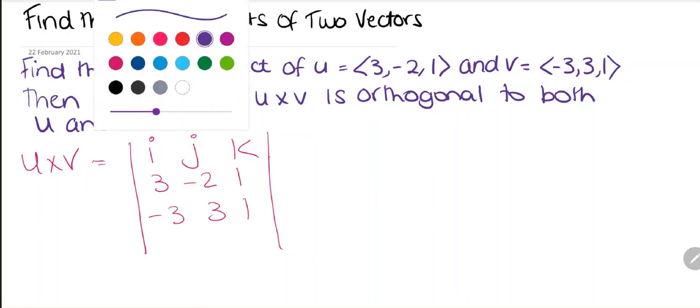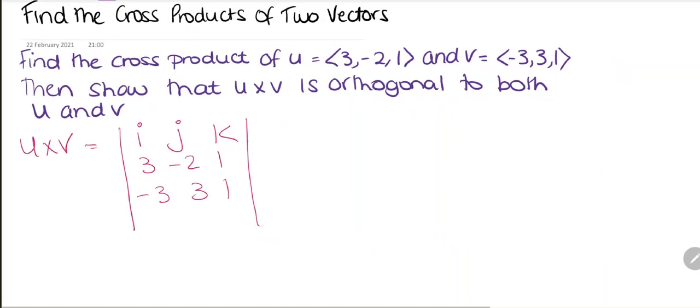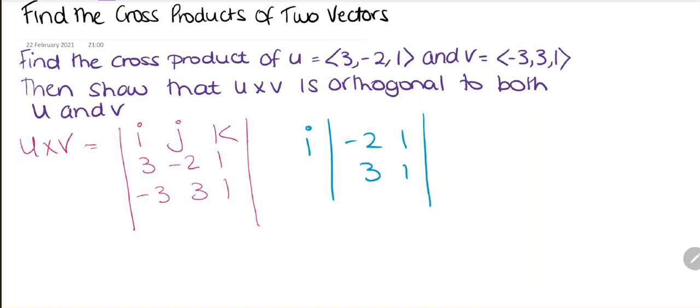Now the next thing I'm going to do is rewrite these. So for i, I'm going to be looking at j and k. So I'm going to write minus 2 and 1, 3 and 1. So for j, this is going to be i and k. So I am going to use 3 and minus 3, 1 and 1.